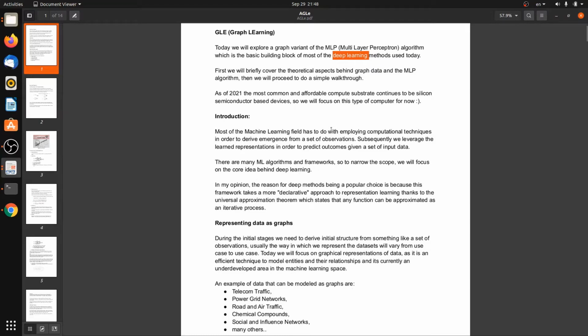deep learning taking a more declarative approach to learning the representations of the data. And this is thanks to something called the universal approximation theorem, which says that every time we iterate through the data, we're learning features, or adjusting the weights or parameters that we're learning.